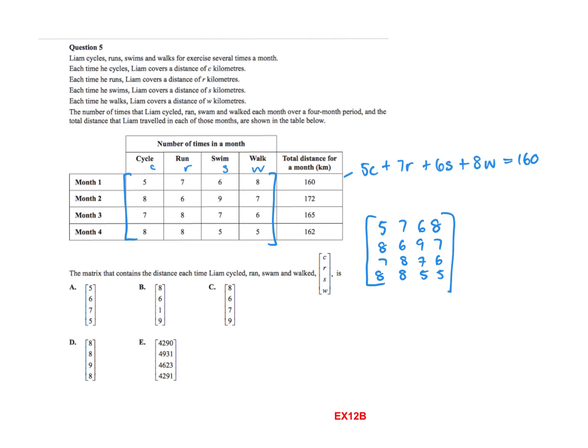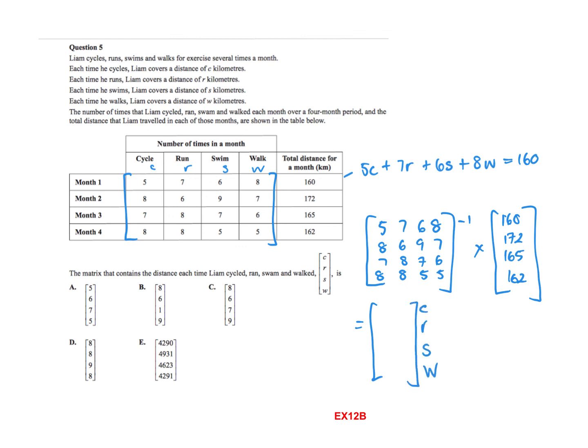I'd go to the power of -1 times what the equations would equal, which was this, 160, 172, 165, 162. So we'd type that in our calculator, and that would give us our answers for cycle, run, swim, and W. So, okay, we get 8, 6, 1, and 9, so it's B.